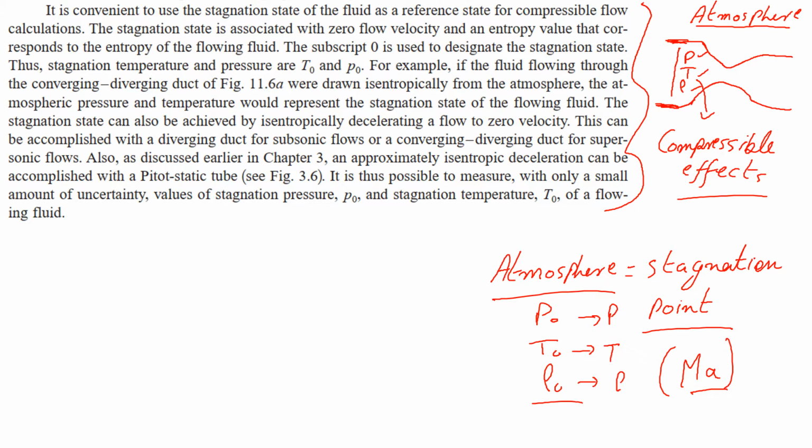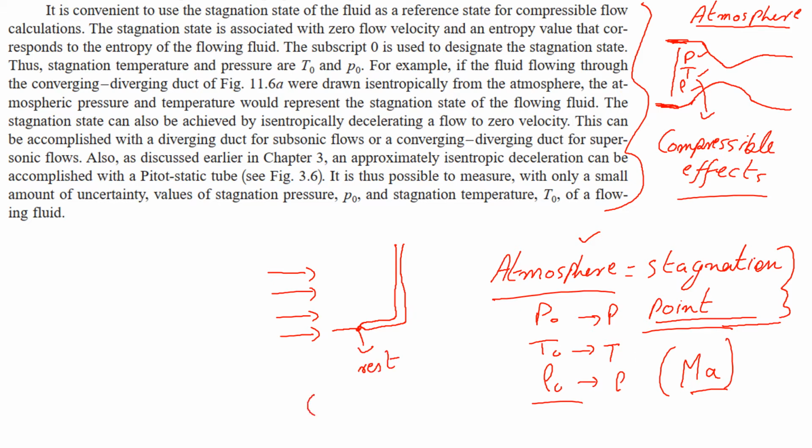As I said earlier, we needed a reference point, and the reference point will be our atmosphere, and that atmosphere in this literature is referred to as the stagnation point. Why the stagnation point? If you remember, when we were studying the Venturi meter, it was used to calculate the velocity of aircraft, and it was placed upstream in a flow, and whenever a flow comes to this point, it will be brought to rest.